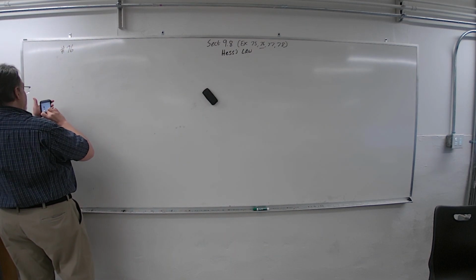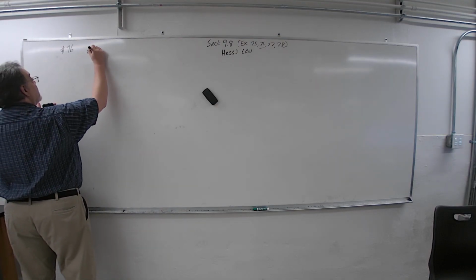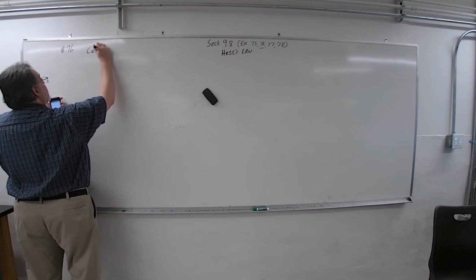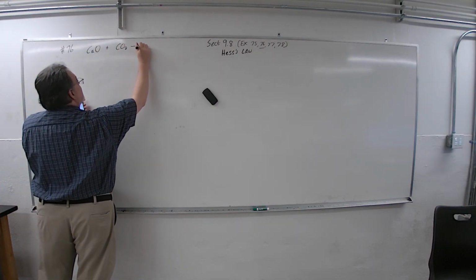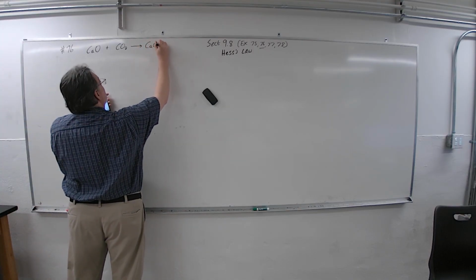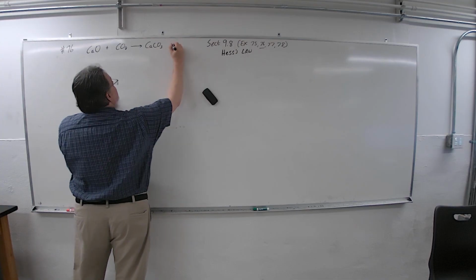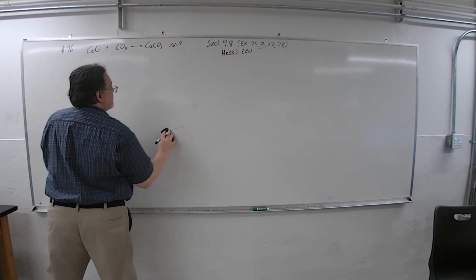All right, here's what you're given for number 76. CaO. That's the reaction, and the question is, what is the delta H of this reaction?